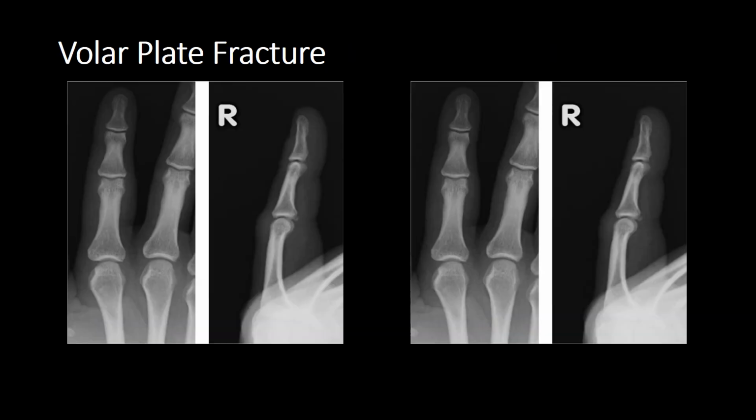If we think back to earlier, remember that the joint capsule on the volar aspect is made up of a really dense fibrous structure called the volar plate. So this dense fibrous structure is really firmly attached to the volar aspect of the base of the phalanges.